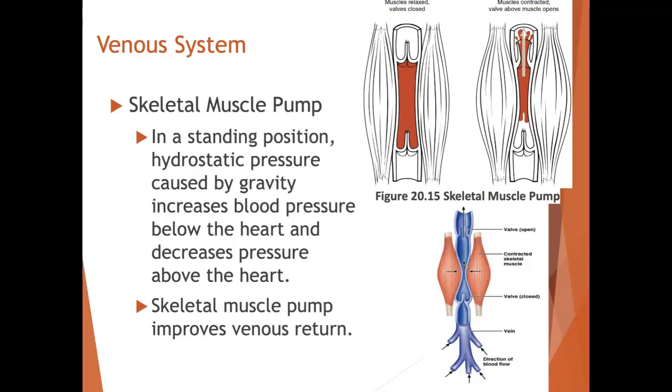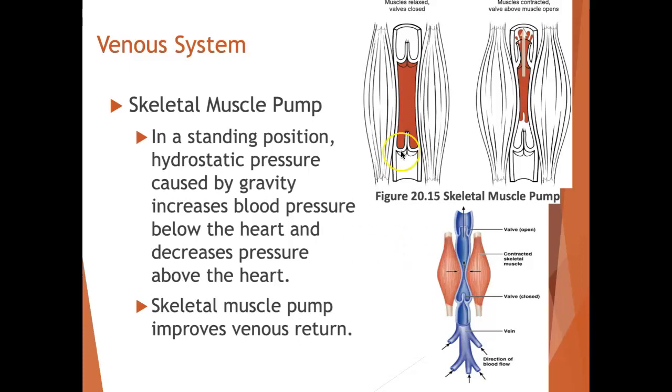And the last thing we'll cover in this video is on the venous system. Our veins rely on our skeletal muscles to help pump that blood back to the heart. So in our standing position, our hydrostatic pressure caused by gravity increases the blood pressure below the heart and will decrease pressure above the heart.